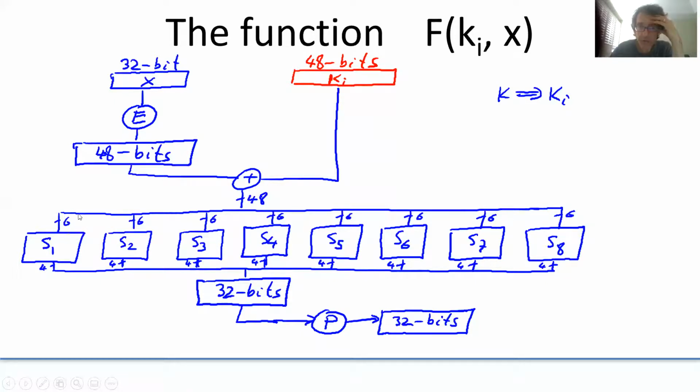Think about a function from 6 bits to 4 bits. How many bits does it take to describe this function? Well, how many inputs can it have? 2 to the 6. There are only 64 possibilities of value on this wire, and there are 4 bits to describe every output.